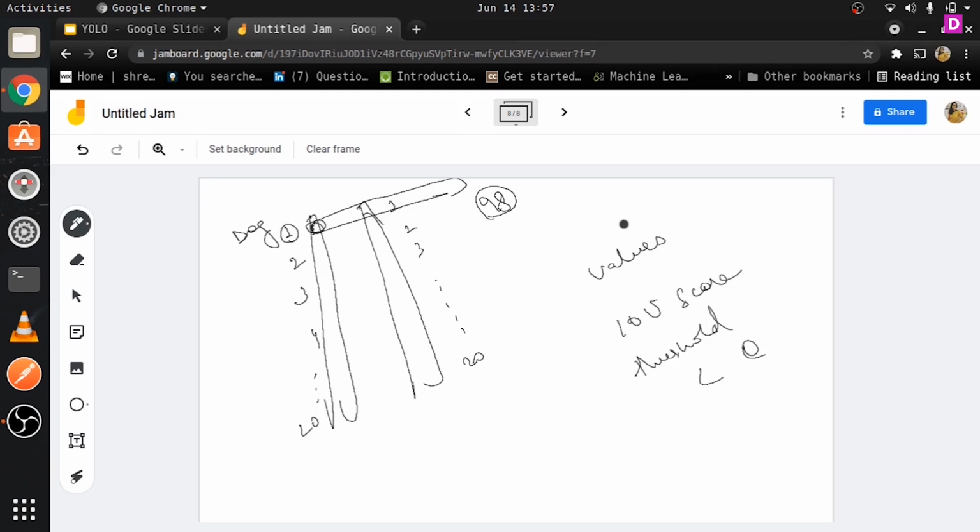Your threshold value is already low, and if the value is even lower than that, that means you do not have the object. What this value means is the probability that this particular class belongs in this particular anchor box. If the value is very less, that means the probability that it belongs to dog is very less for this anchor box. Hence you will set this to 0.